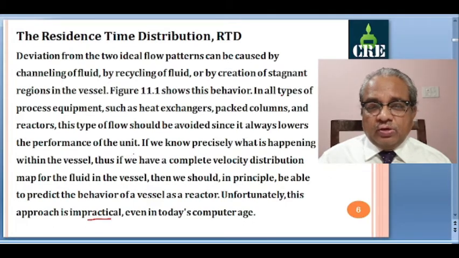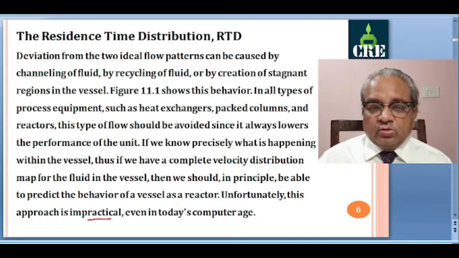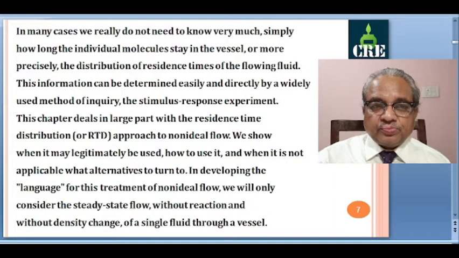It will not be reproducible, it will not behave in the same manner. The profile or velocity distribution will be changing continuously, and to solve a model for a continuously changing velocity distribution map, even with the computer age and online computations, is still considered an impractical approach.